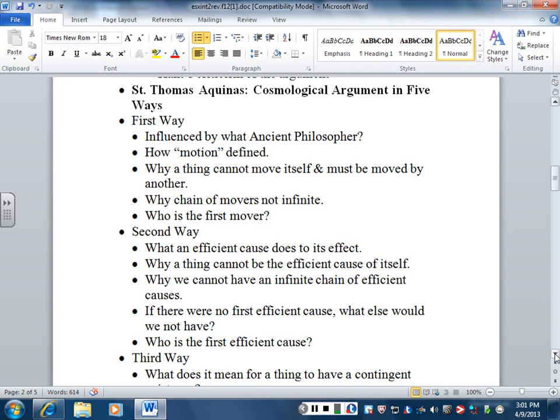And remember, Aquinas was there at a time in the Middle Ages when the works of Aristotle were being rediscovered after being lost to the Western world for about 1,000 years. So your book has the second way, but really the first 3 ways are just 3 different versions of kind of the same argument.